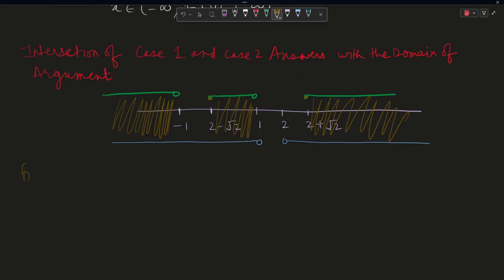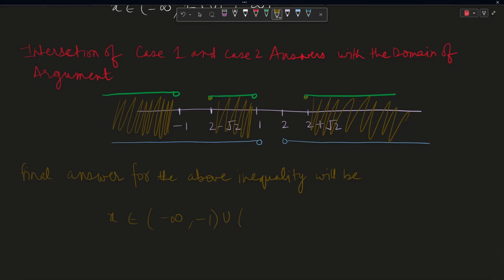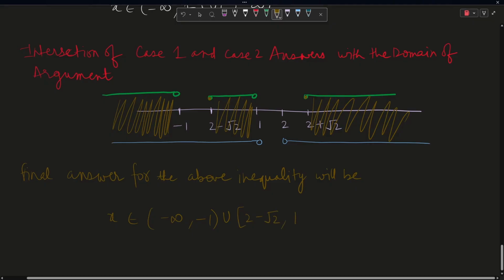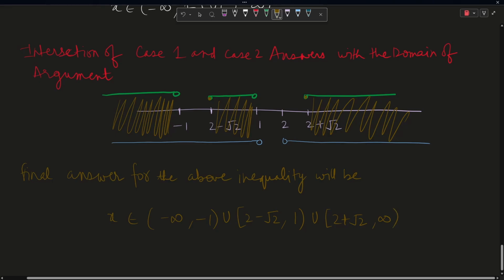So the final answer for the above inequality will be x belongs to minus infinity to minus 1, union 2 minus root 2 to 1, union 2 plus root 2 to infinity. This will be the final answer.